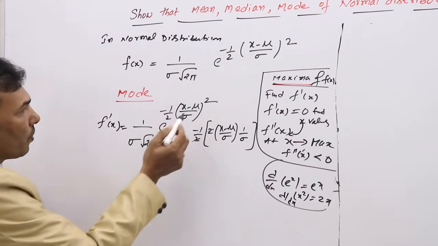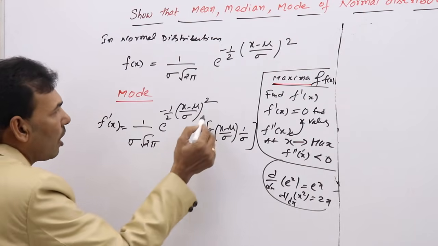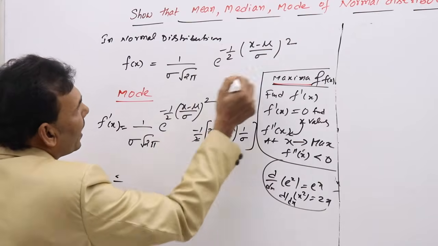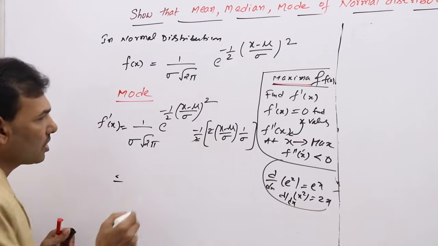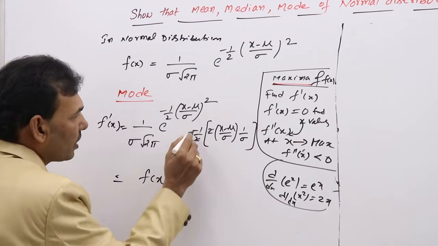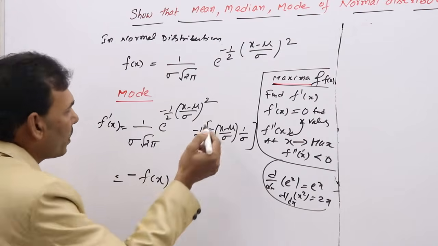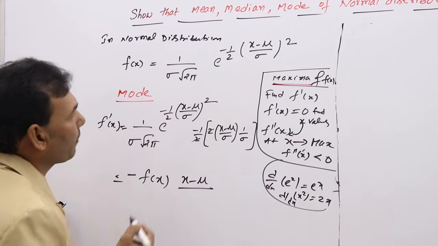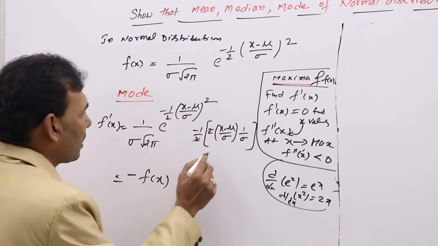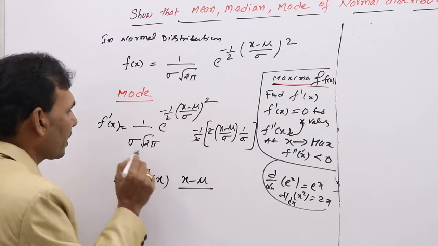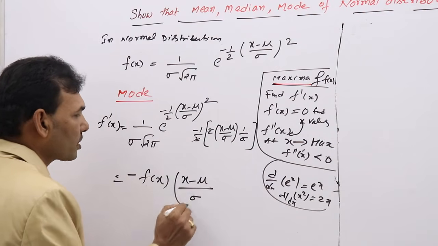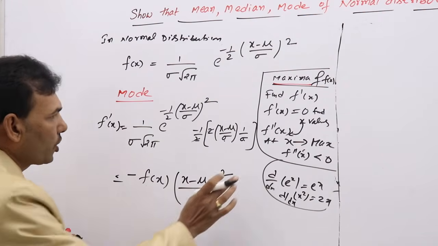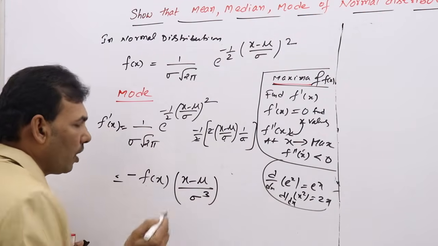Okay. Now how can we write this? This total value I have written here is treated as f of x. So f of x, this minus I am writing here. What is left over? X minus mu by sigma, and here 1 sigma, here 1 sigma, here 1 sigma, so x minus mu by sigma cube you will have.